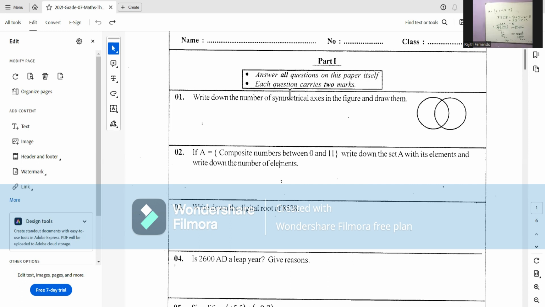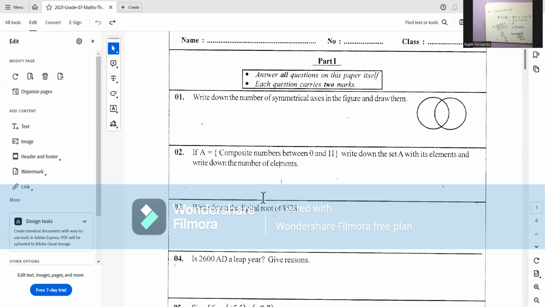If you can't divide by 4, that means there are remainders, then you can directly say that it is not a leap year. If it is divided by 4, you have to see again whether it is divided by 100. Then you can say it is not a leap year. But again you have to see is it divisible by 400? If it is divided by 400, again that is a leap year. Understand? Right.